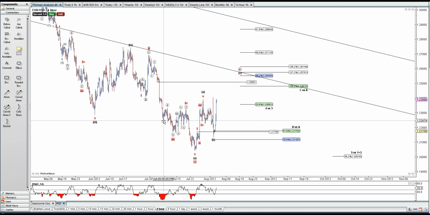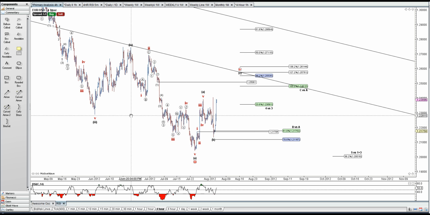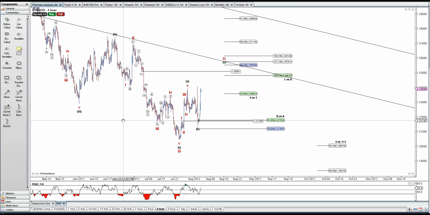And then within that wave 3 again, you have 1, 2, 3, 4, 5. So that's that wave 3, 4, and then 1, 2, 3, 4, 5. Wave 5 of 5 of 3.